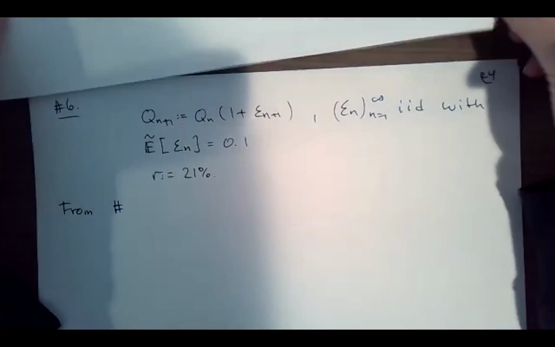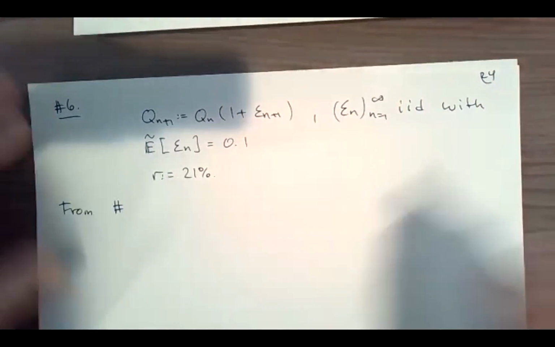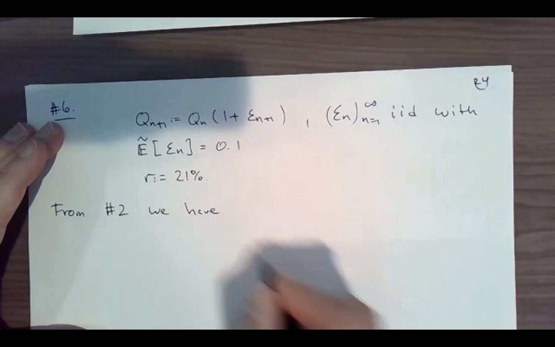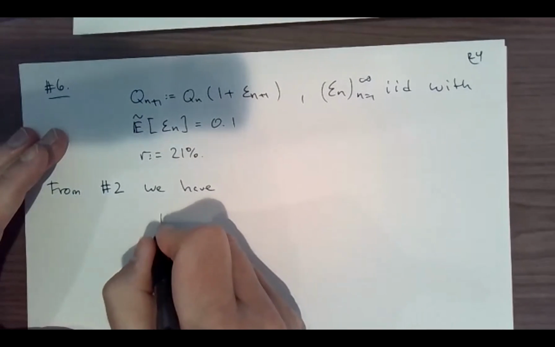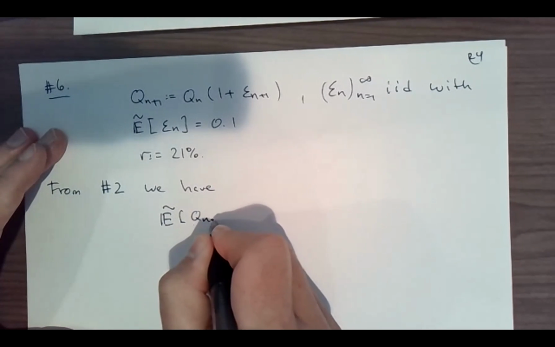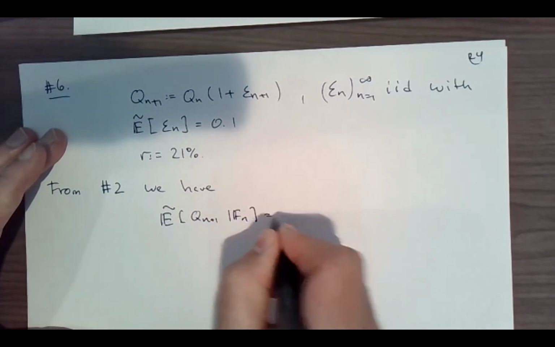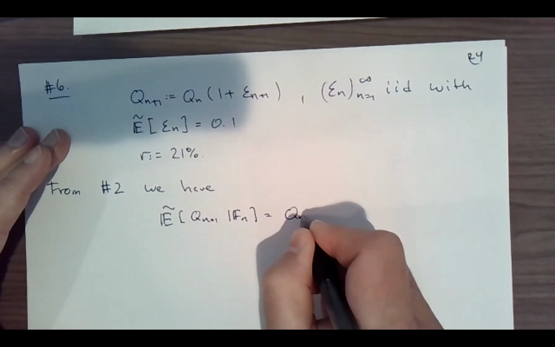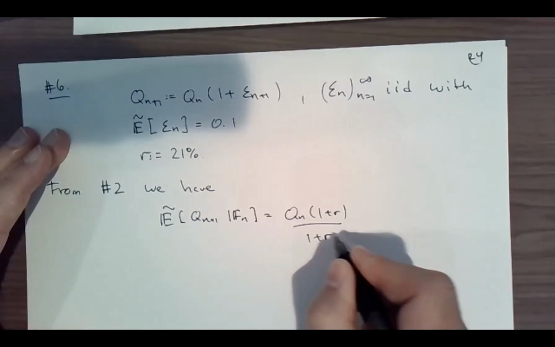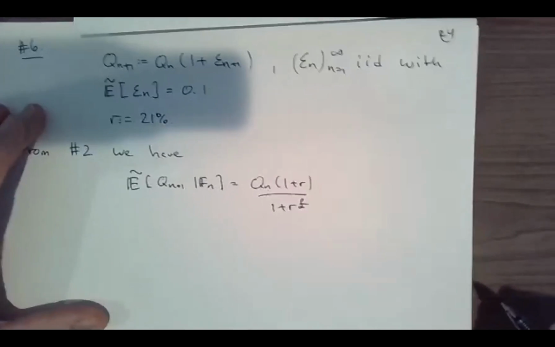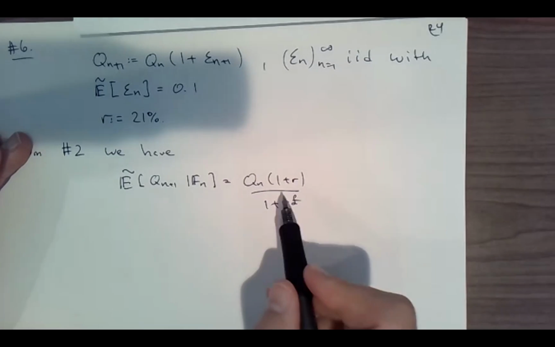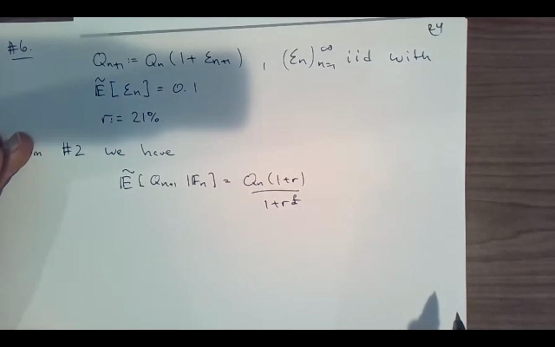From number 2, we'll have that this conditional expectation of q n plus 1 given F n was qn times 1 plus r divided by 1 plus r pound. And our job is to figure out what this r pound thing is.